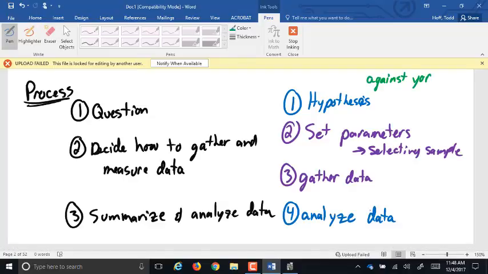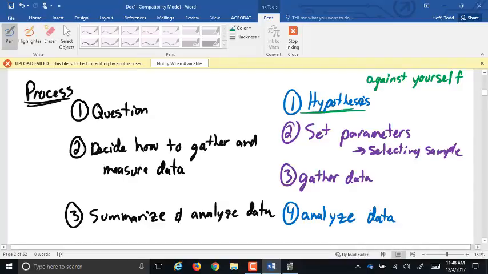So let's say you have developed a new medication to treat a certain illness. You are going to assume that the current medication is more effective than your new medication. And then when you gather information, you're going to gather information that makes it so highly unlikely that that's true that you have to then decide that your new medication is actually better.